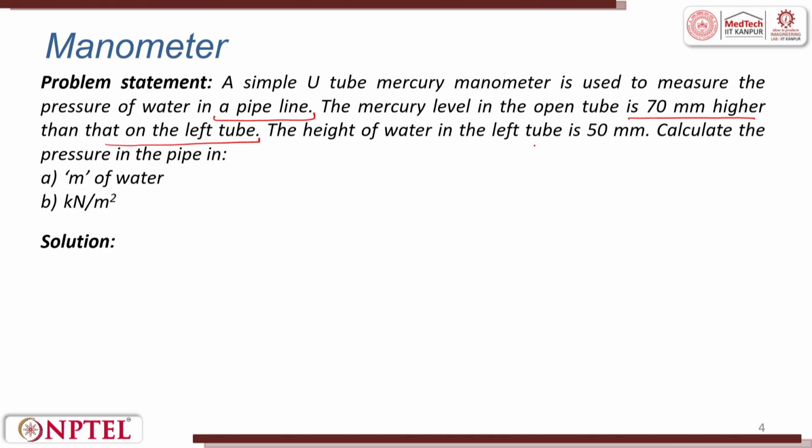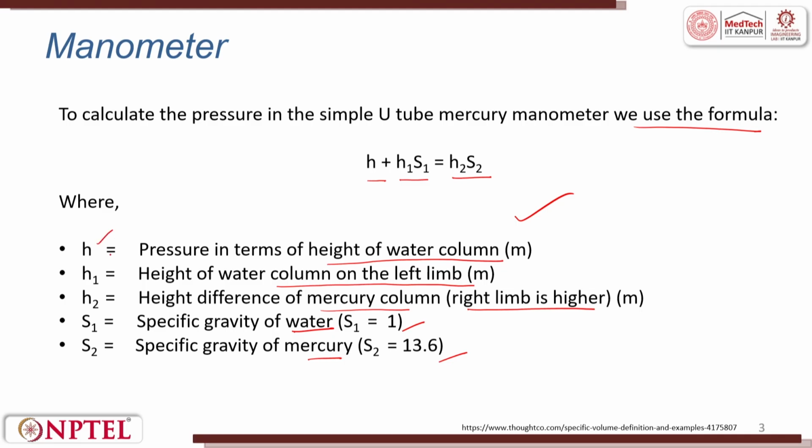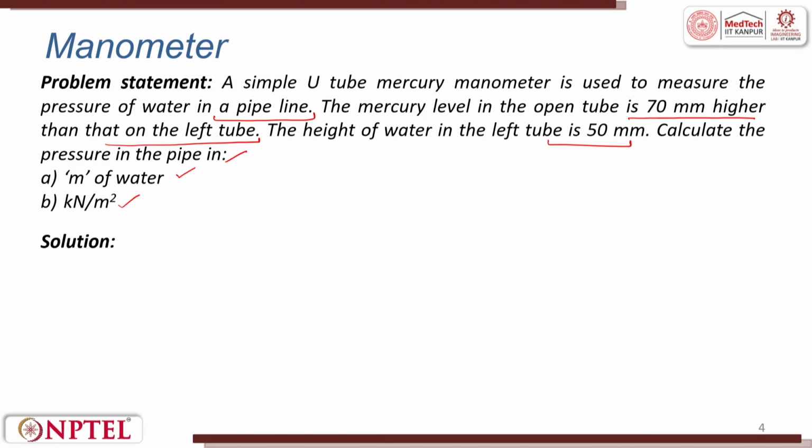The height of water in the left tube is this. Calculate the pressure in the pipe in meters of water and in kilonewtons per meter square, that is the exact unit of pressure. As mentioned here, all these units H, H1, H2 are in length, that is meter.